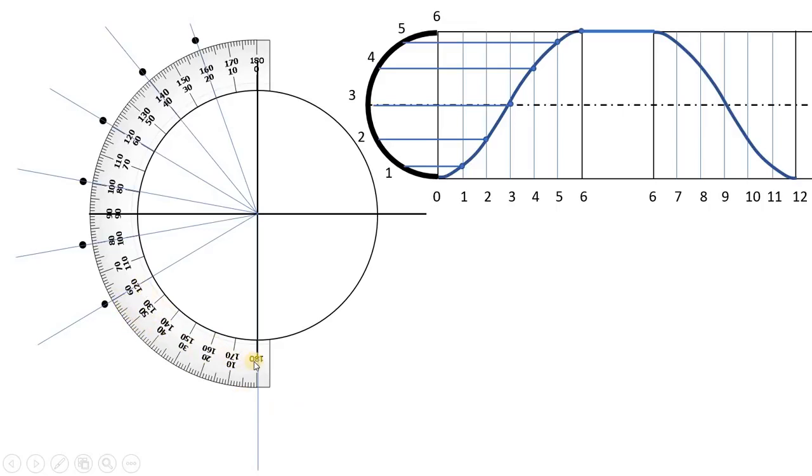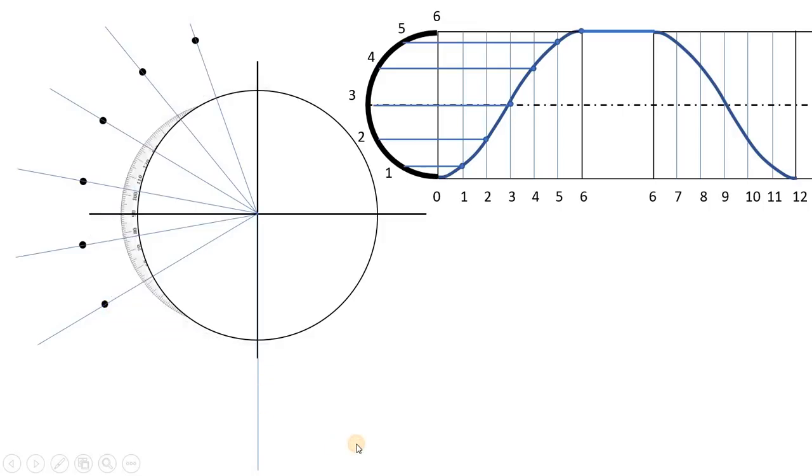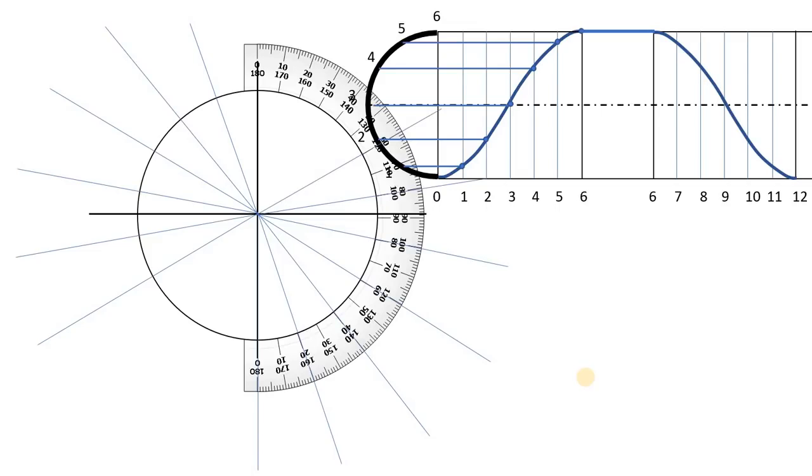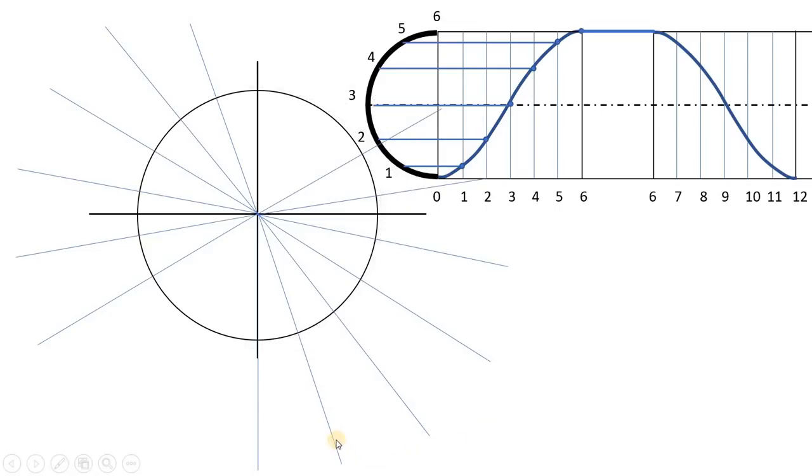So from 120 to 180, correct? This is the 60 degree angle which we have drawn over here. Then we'll draw the lines for the return stroke, which is also of 120 degrees. So these are the lines which we have drawn for the return stroke.